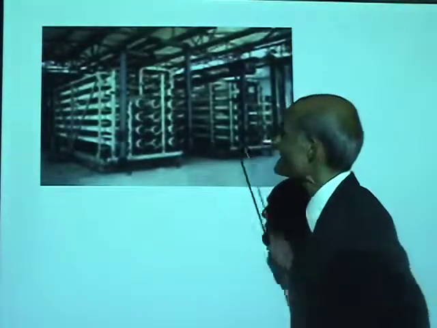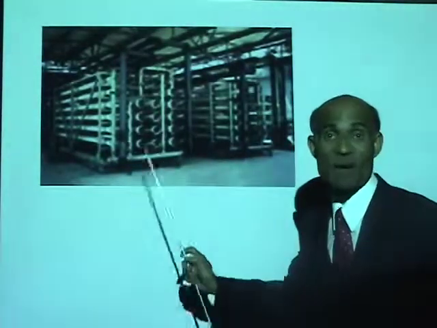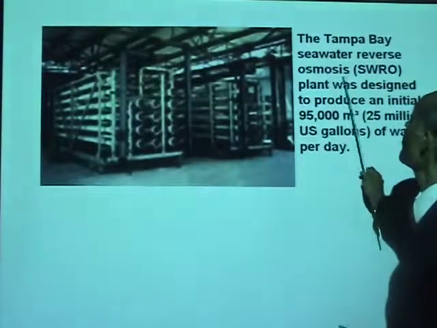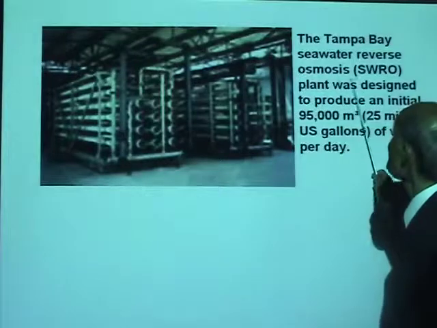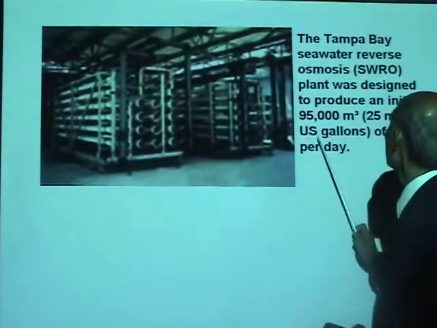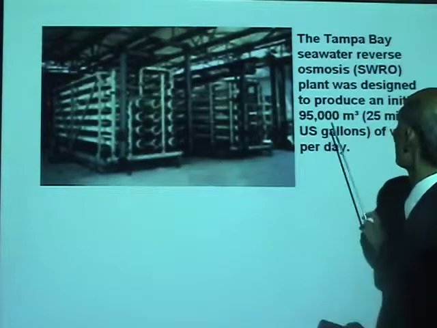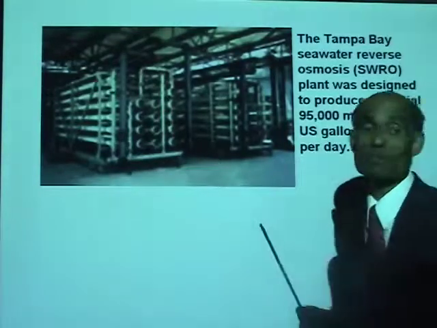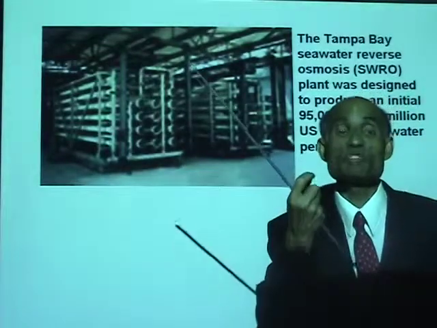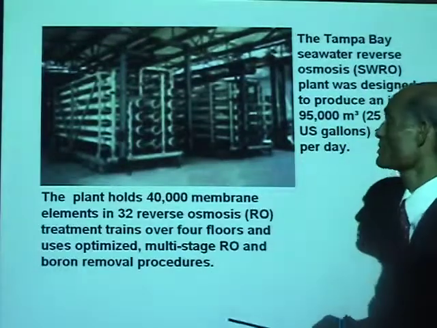Here, this is a desalination plant actually in Tampa. There is a plant in Tampa. The Tampa Bay Seawater Reserve is a reverse osmosis process that produces about 25 million gallons, 95,000 cubic meters of water per day. But that's only a very, very small part of our water need.